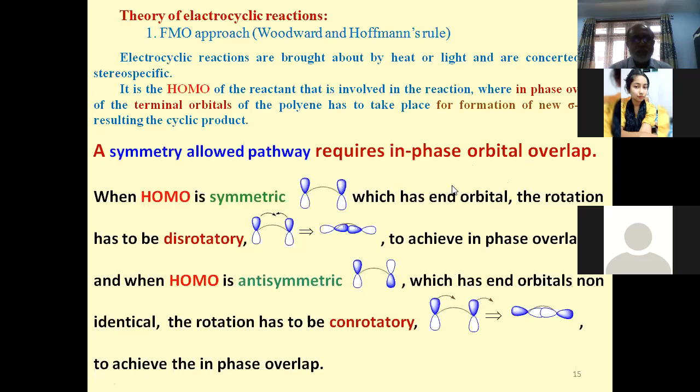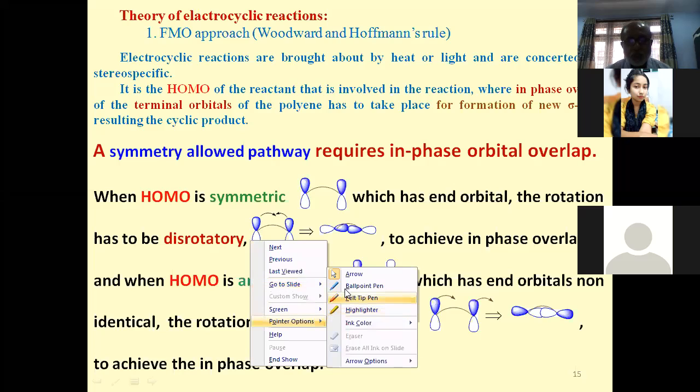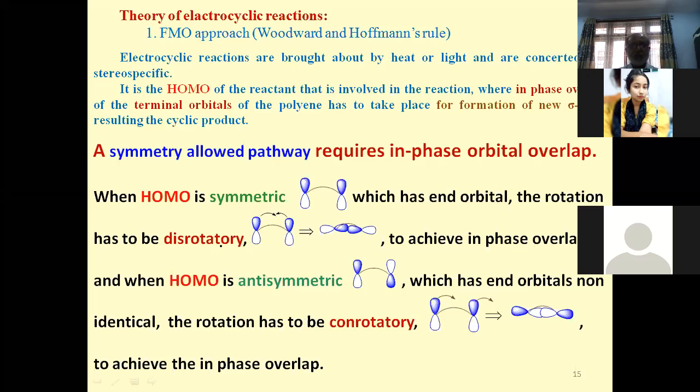Then we come here. These are two terms that you will find here: conrotation and disrotation. Conrotatory and disrotatory. We rotate the orbitals in two modes. One is called disrotatory motion and the other is conrotatory. Disrotation means if one orbital we rotate in this direction, the other one will be rotated in the opposite direction.